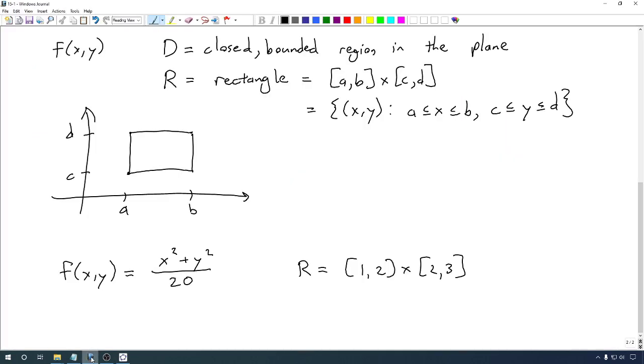Specifically, the volume of such a box, so maybe we'll do this on another page. The volume of a box is going to be the value of the function at whatever sample point we're using. I'm just going to put f of x star, y star.